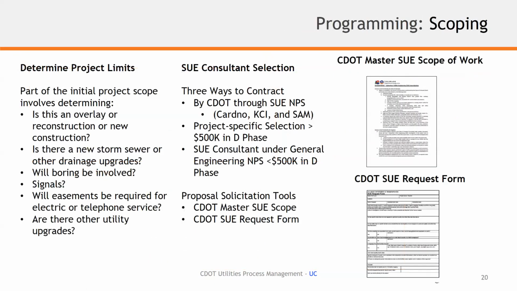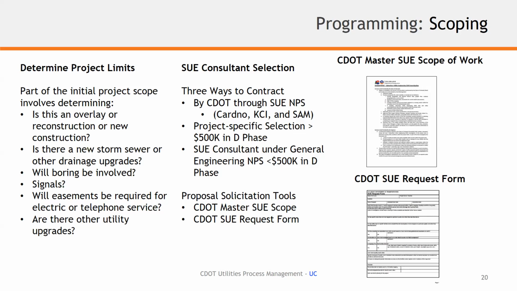So as we move forward into scoping these items in the programming stage here, we want to look at certain things, including determining project limits. As you might be aware, project limits are very important in identifying scope and what's involved in a project. As far as, is this an overlay or a reconstruction or new construction?